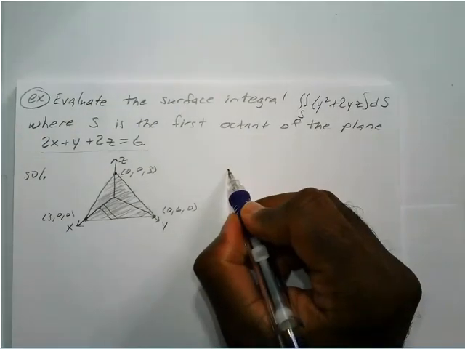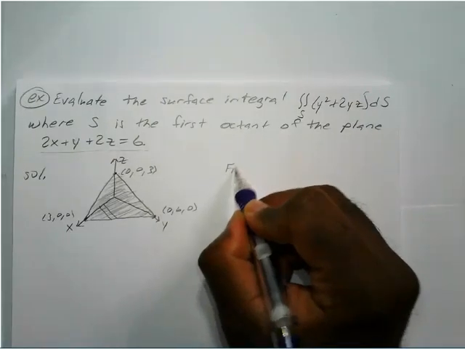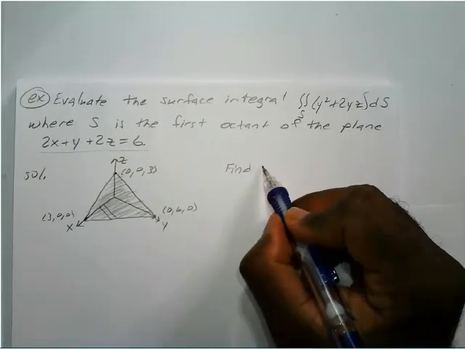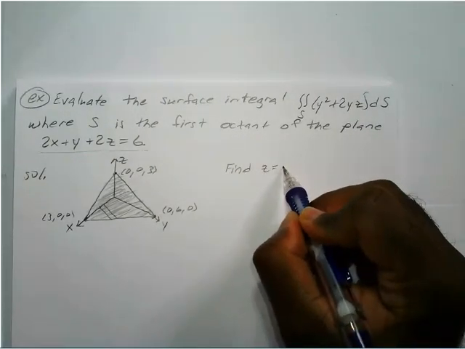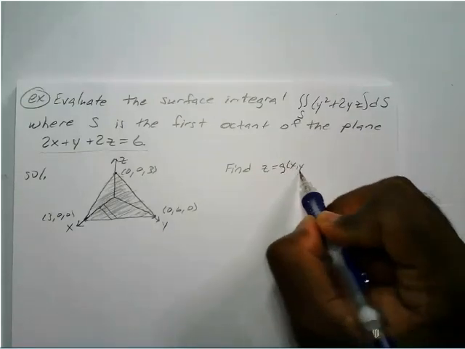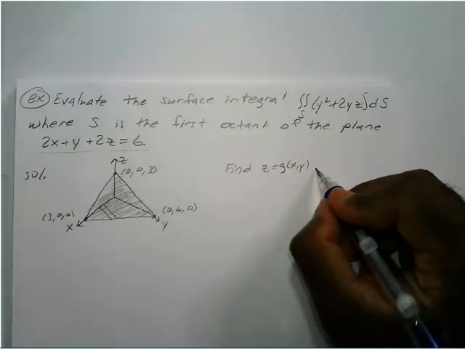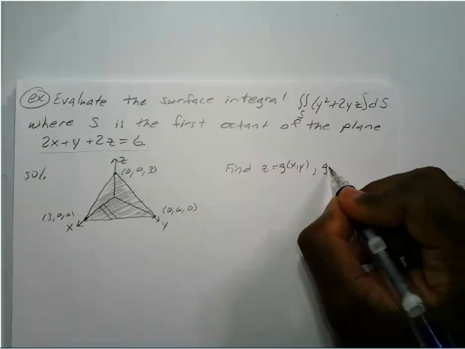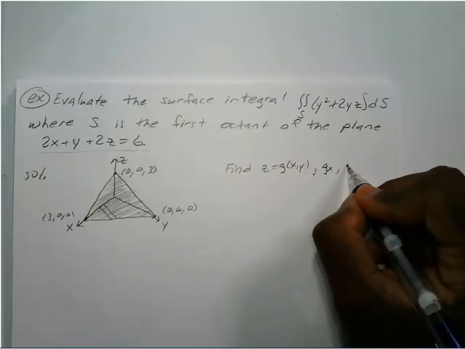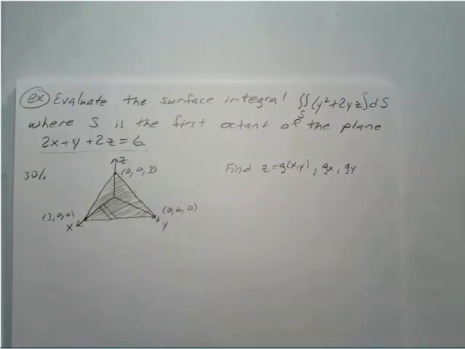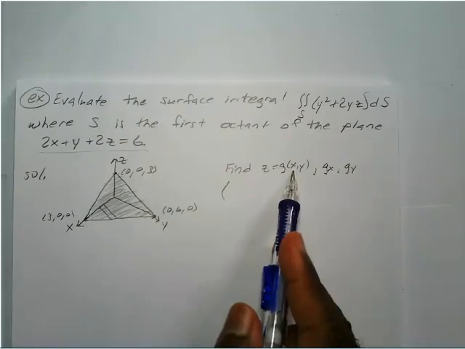Okay, so the first thing you want to do is find z equals g of xy, our first partial with respect to x, and our first partial with respect to y. Because remember, we're using the formula where it's projecting on the xy plane.